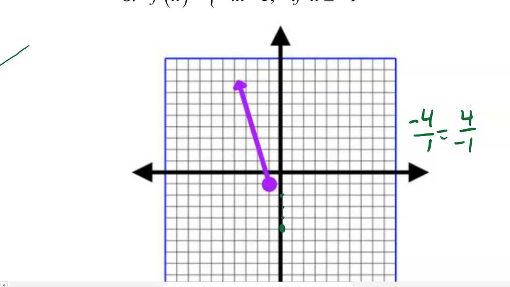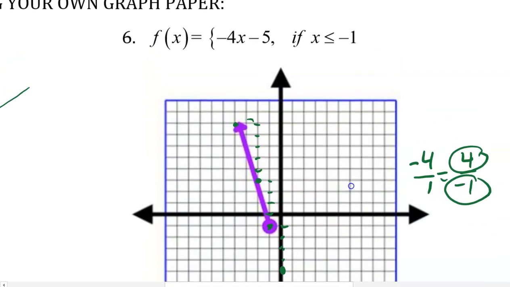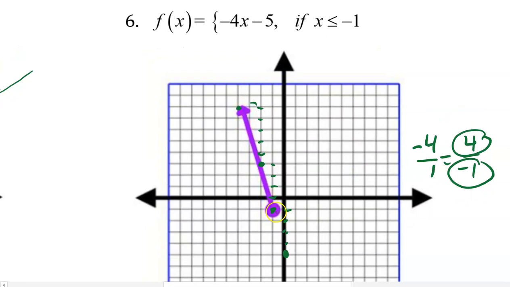So up 4, 1, 2, 3, 4, left 1. Up 4, left 1. Up 4, however many times you'd like to do it, left 1.